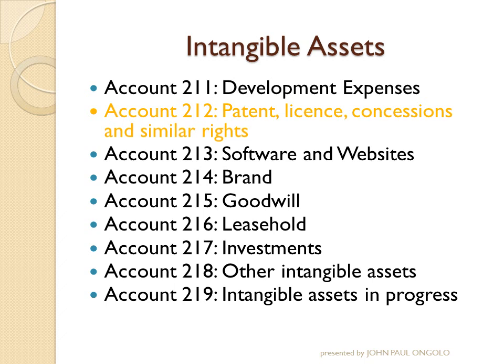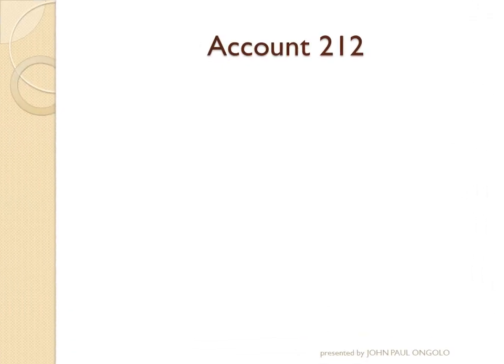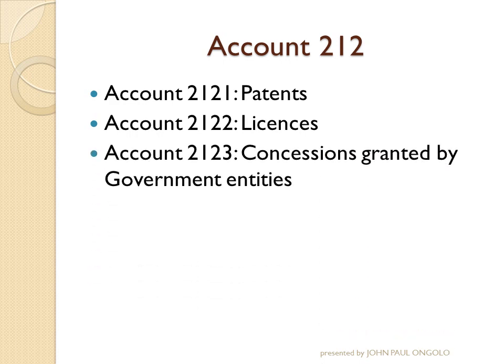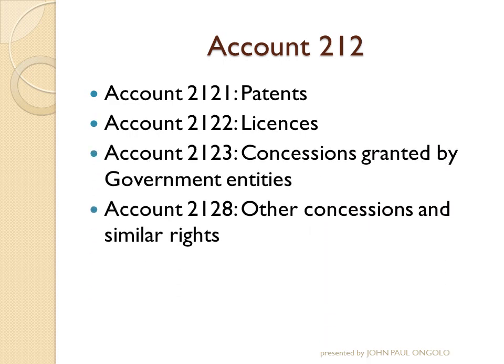So let us have a breakdown of this accounting. Account 2.1.2 deals first with patents, secondly with licenses, thirdly concessions granted by government entities, and then other concessions and similar rights.